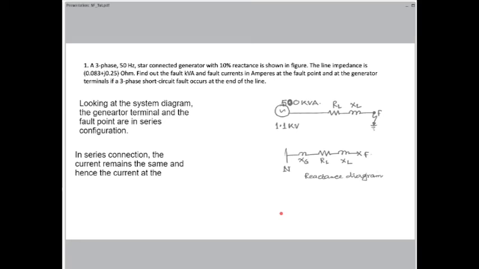Current at the generator terminal will be the same as the current at the fault point.